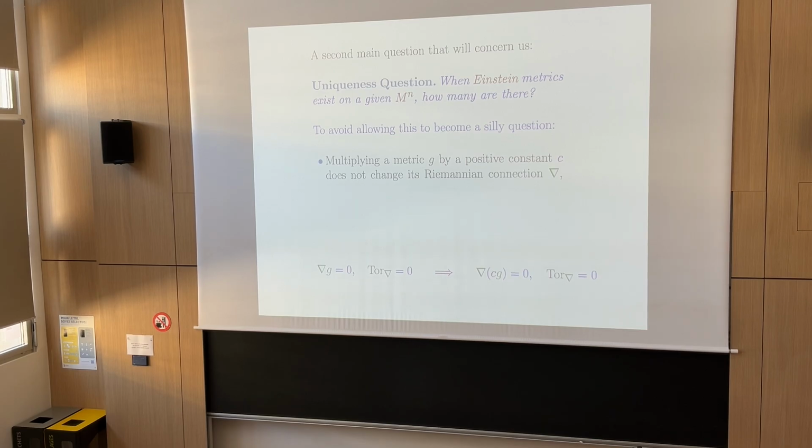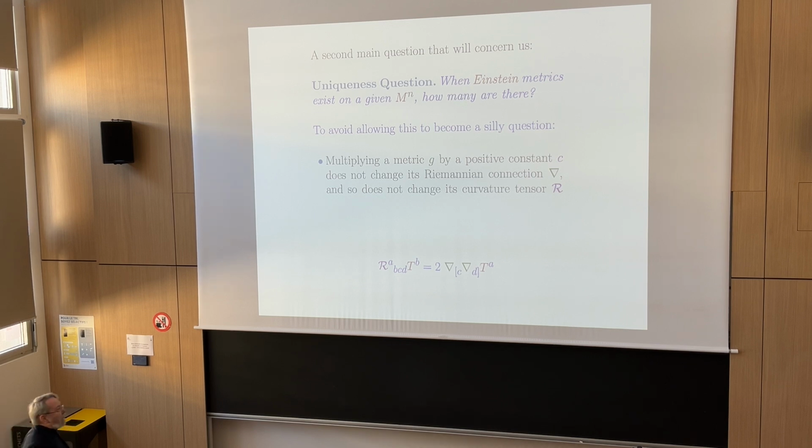So multiplying a metric by a constant does not change the Riemannian connection or Levi-Civita connection, and therefore it does not change the curvature tensor, because the curvature tensor is directly defined in terms of the connection. Of course, sometimes people in Riemannian geometry confuse the curvature tensor with lowering one index, so it becomes something that eats 4 vectors rather than eating 3 vectors and a 1-form.